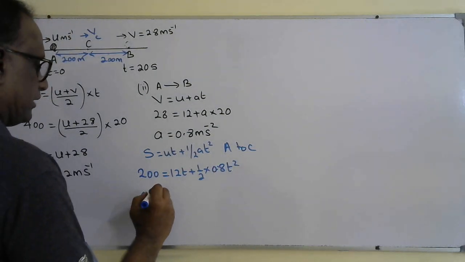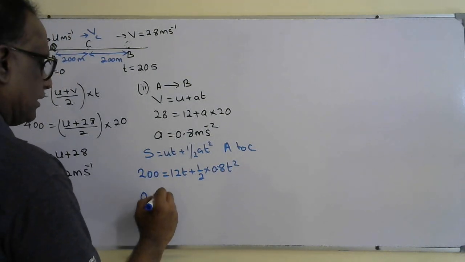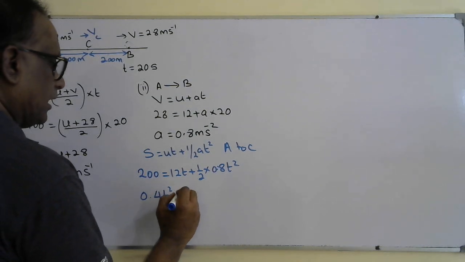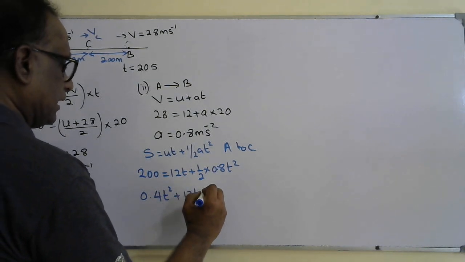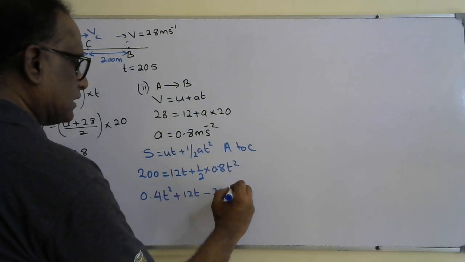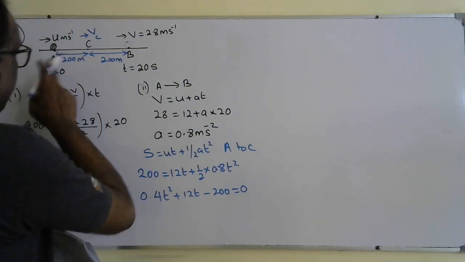Rearranging, 0.4 t squared plus 12t minus 200 equals 0. That gives the time taken to move from A to C.